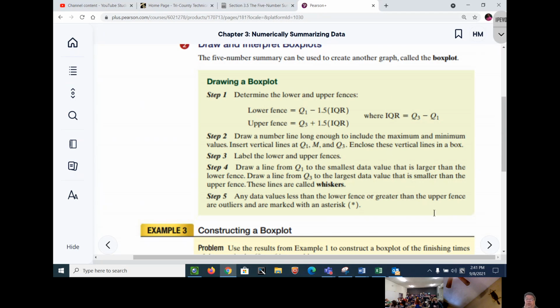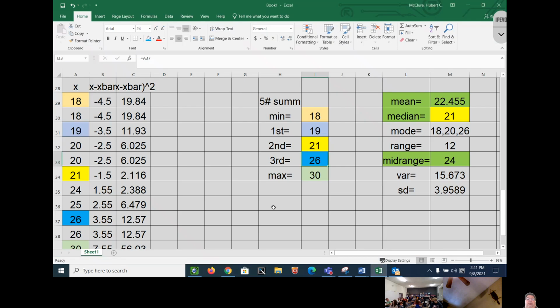So I'm going to go back to the spreadsheet, and I'm going to find the interquartile range. The interquartile range is the third minus the first. Now I'm going to do the lower parameter.